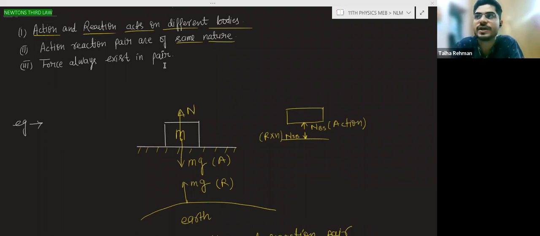You can say, for every action force there is an equal and opposite reaction force. This will be correct, I think.